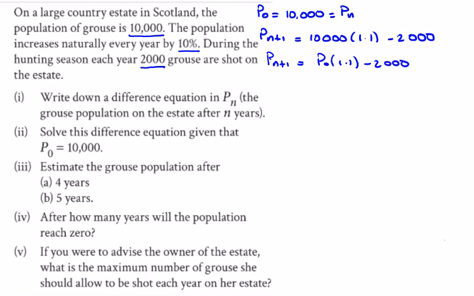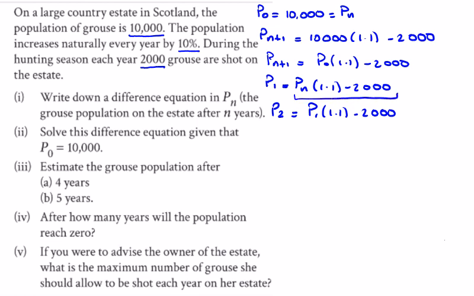So this is when n is equal to 0, so P1 is when n is equal to 0, so we'd get P0 by 1.1 minus 2,000. So let's look at P2, which is when n is equal to 1. It's going to be P1 by 1.1 minus 2,000.